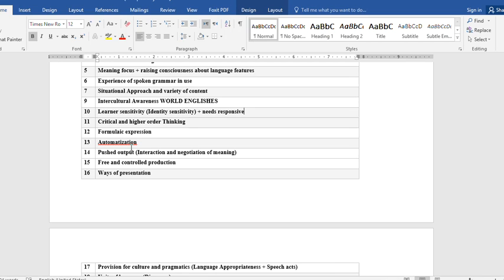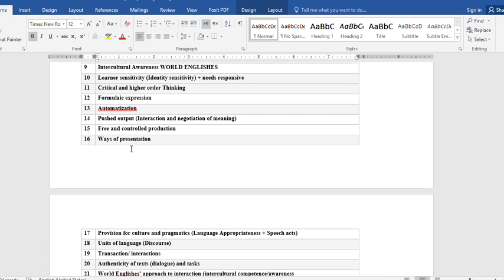The other important point is automatization. Automatization means that in natural language contexts or communication situations, when we want to communicate, we should remember language features automatically.